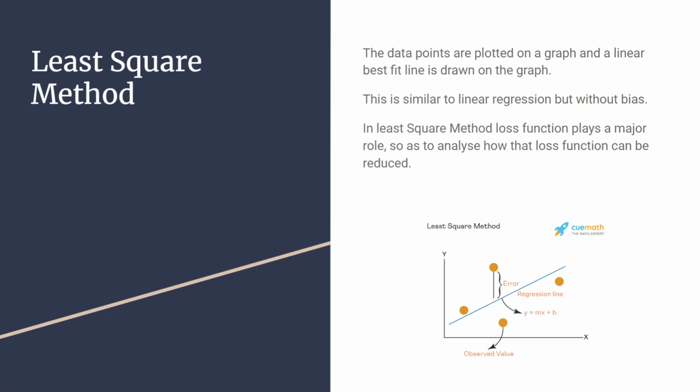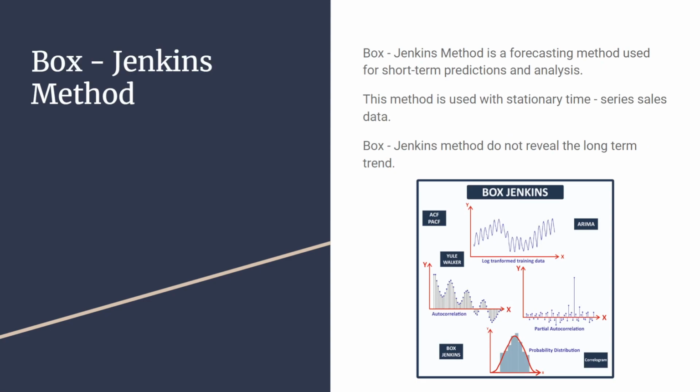And the least square method function plays a major role in analyzing how the loss function can be reduced. So its basic aim is to reduce the loss function so as to provide an accurate result, not perfect but accurate would be the correct word to use. So moving on, Box Jenkins method.